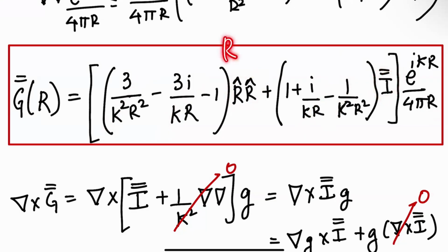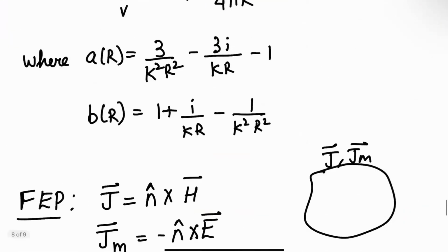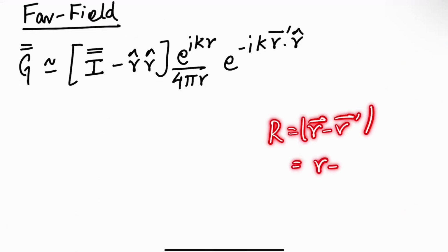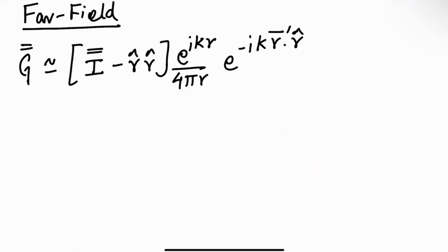And also in the far field, capital R hat is approximately equal to small r hat, and we saw that before, that the directions are about the same. And this quantity capital R, which is the magnitude of r minus r prime, we saw in the far field can be written as r minus r prime dot r hat. That's what we did with the far field expressions, and those are the substitutions we made. Once you have this expression, then we can see what happens to those big integrals.